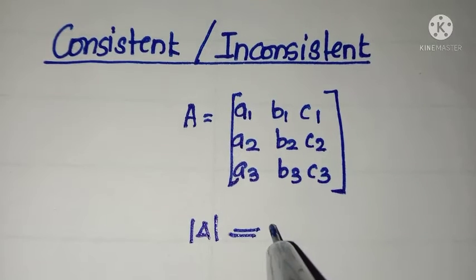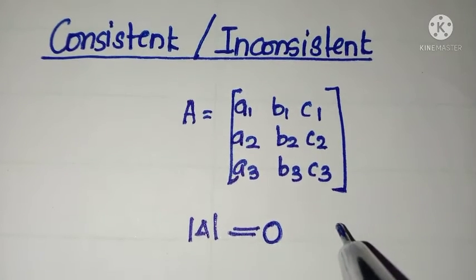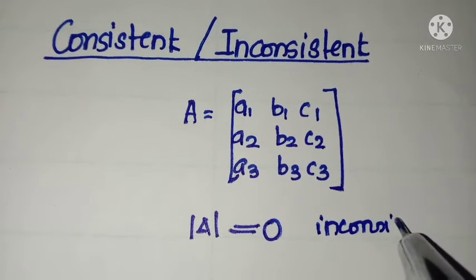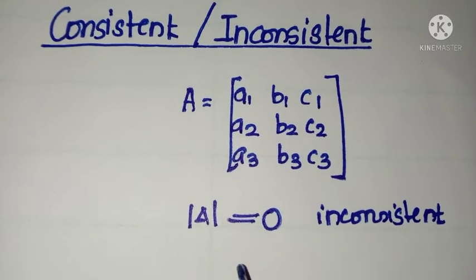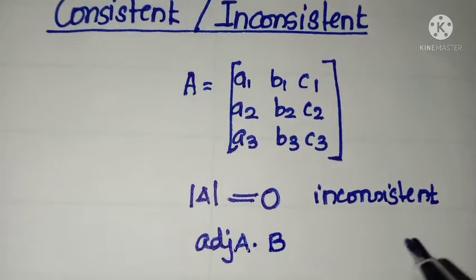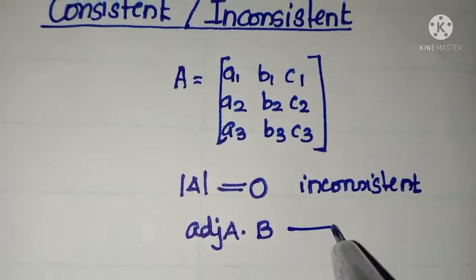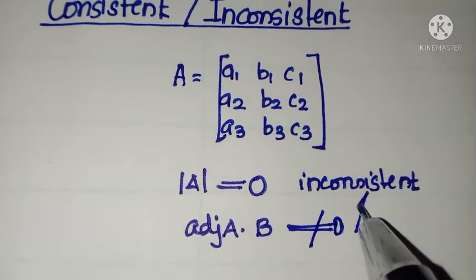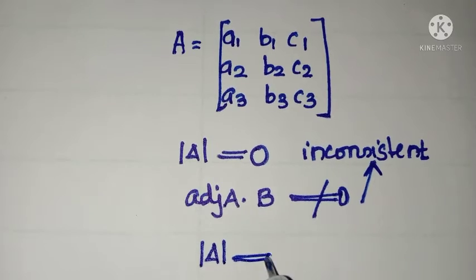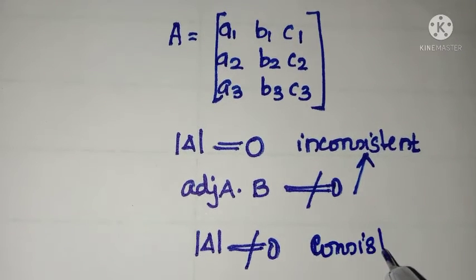If determinant of A equal to 0, then we have to see adjoint A into B. If adjoint A into B is not equal to 0, then the system is inconsistent. If determinant A not equal to 0, then the system is consistent.